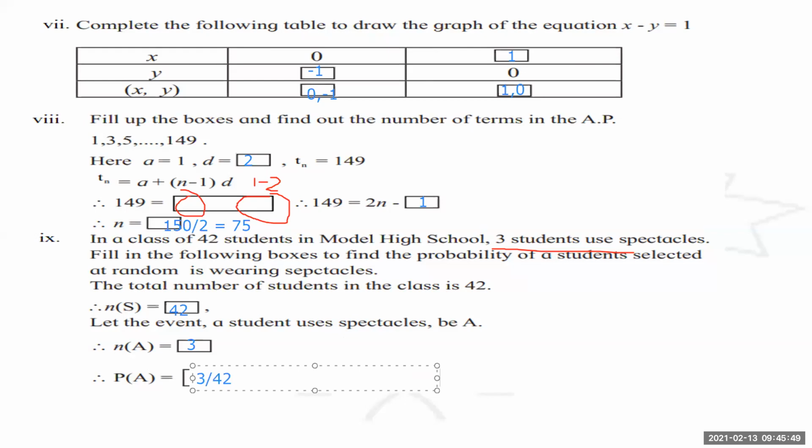You can reduce that. 1 upon, what is the answer, beta? It's 1 upon 14. Is this clear? So let's move ahead. Very simple question.